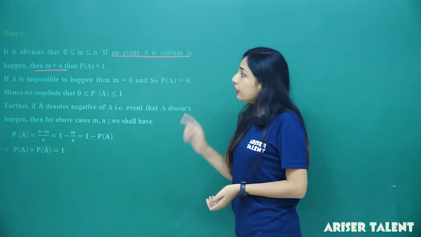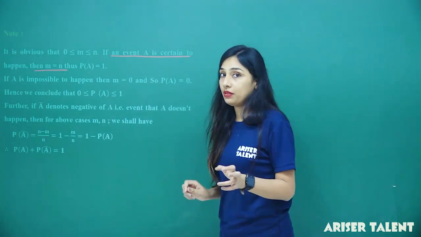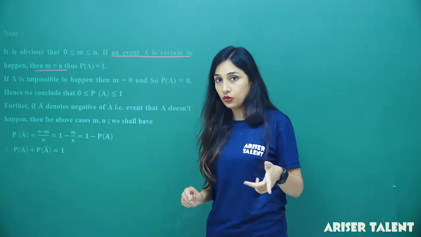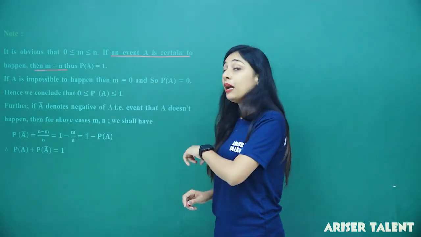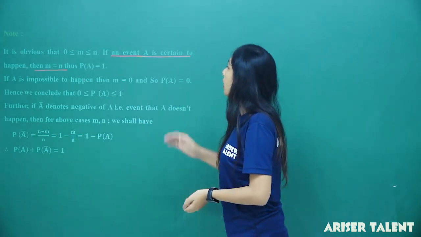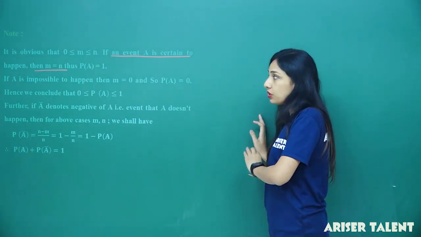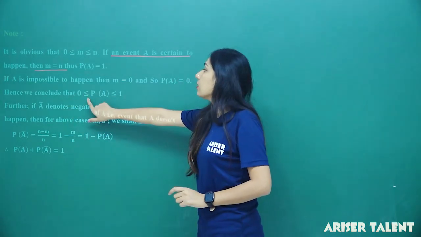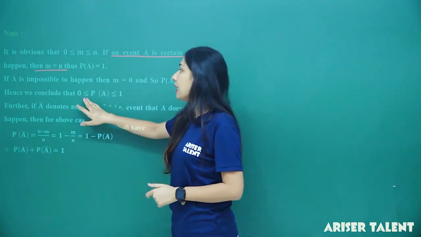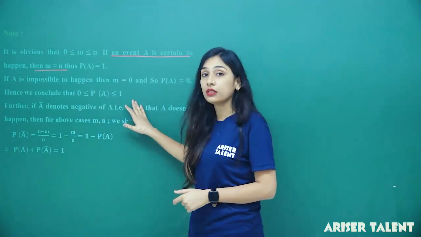Okay, now reverse. If A is impossible to happen, then M is equal to 0, so P(A) equals 0. Hence we conclude that the value of P(A) lies between 0 and 1.